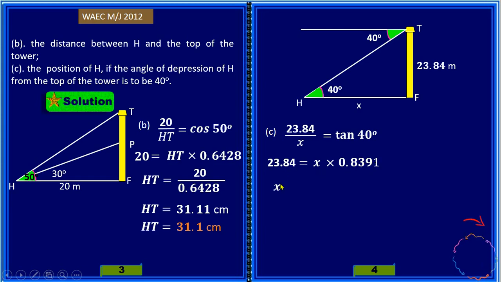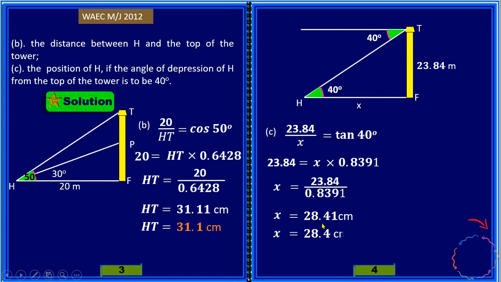So therefore, making x the subject, we are going to have x is equal to 23.84 divided by 0.8391. Using calculator, we can find the value of this. So x will now give us, from calculator, we have 28.41 centimeters. Again, giving our answer to 3 significant figures, we are going to have x as 28.4 centimeters.